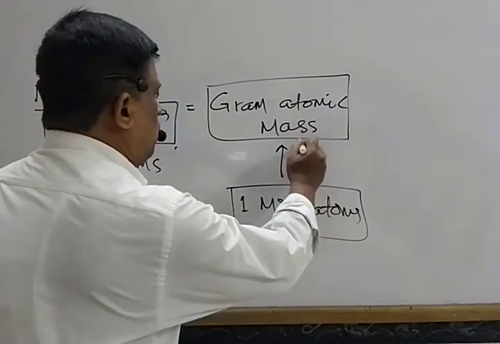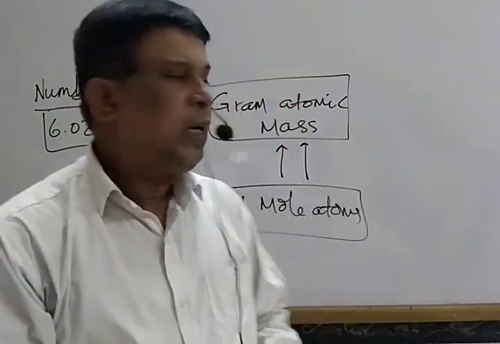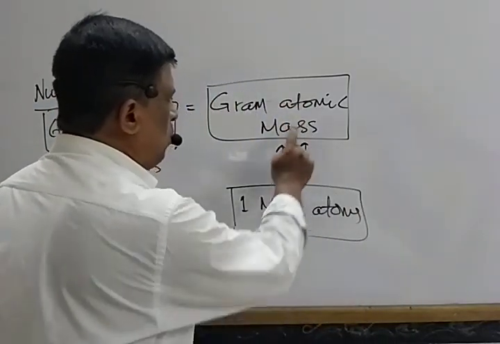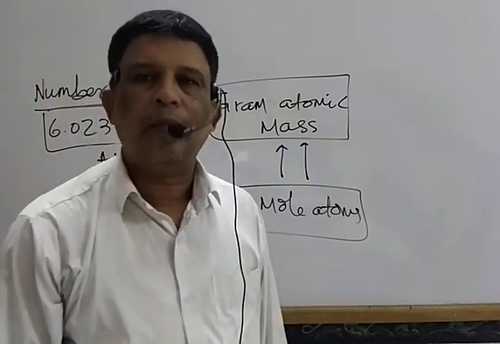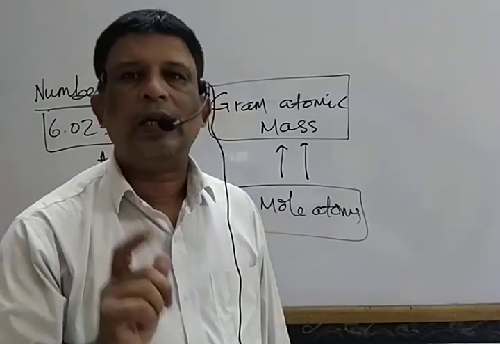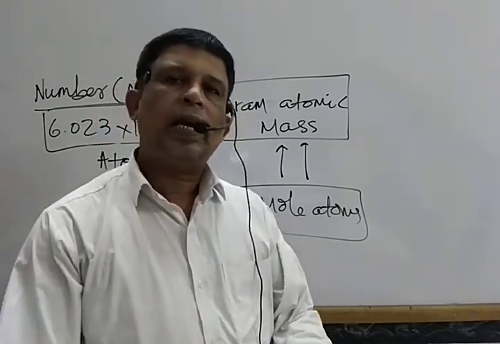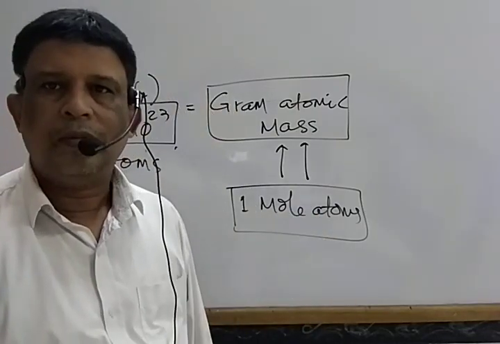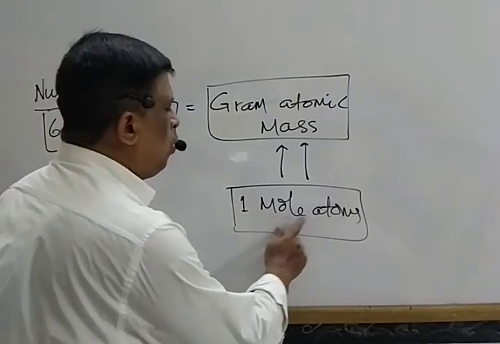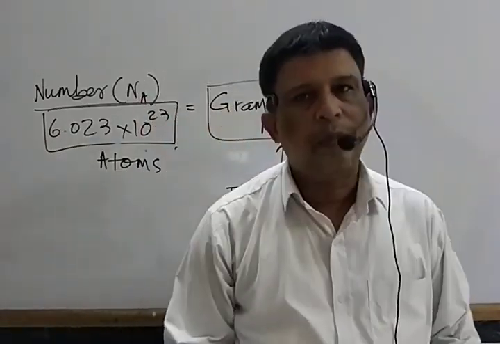For 1 mole of any atom, if we select oxygen atom, then the mass of 1 mole of oxygen atom is 16 gram. 1 mole of nitrogen atom is 14 gram. 1 mole of any atom, if we select carbon, then it is 12 gram. So the mass of 1 mole of any atom is known as its gram atomic mass.